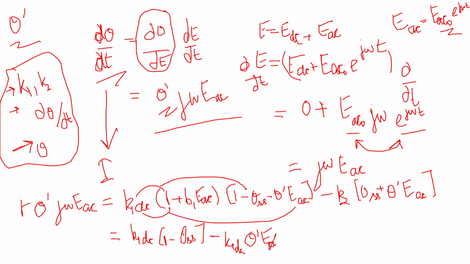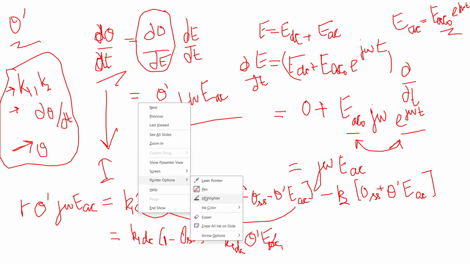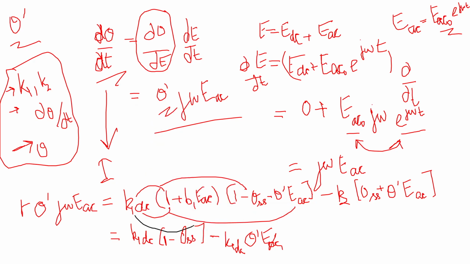EAC. Okay. Now, next one will be K1 DC. Next one is K1 DC into B1 EAC into 1 minus theta SS.